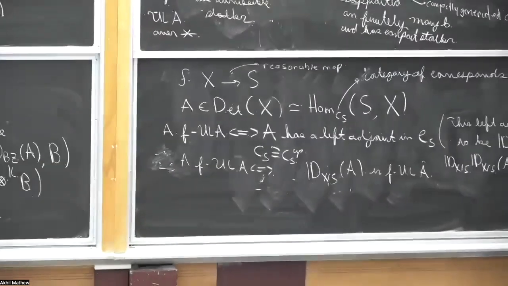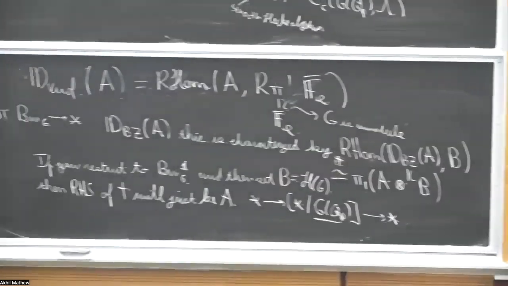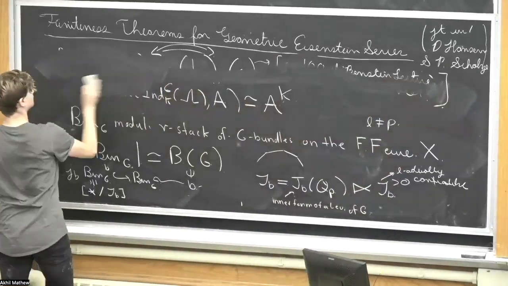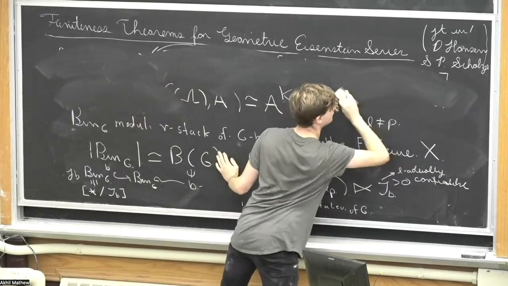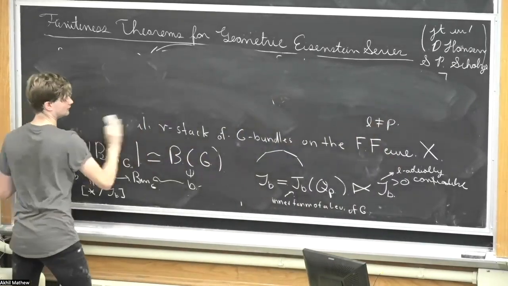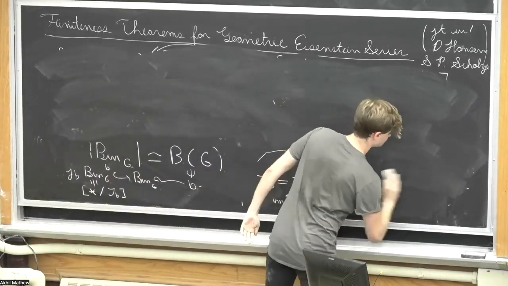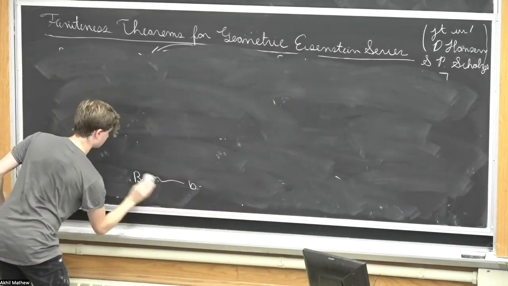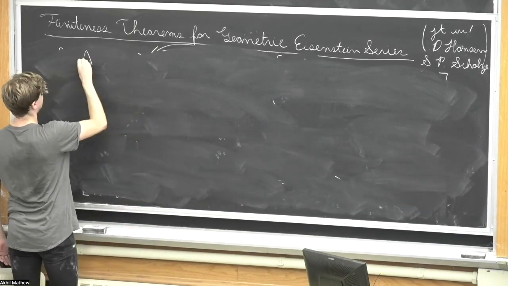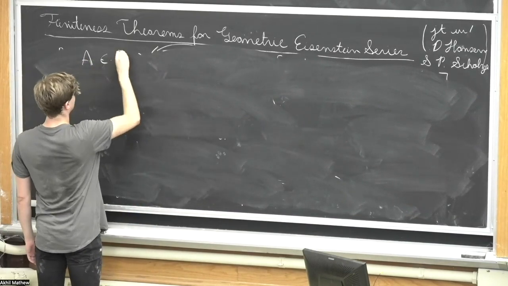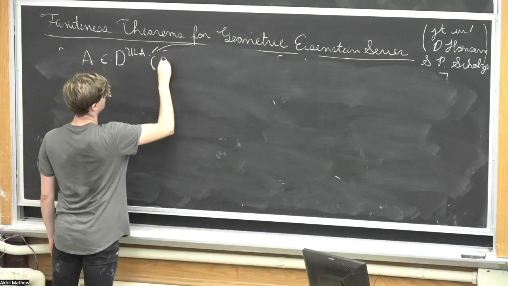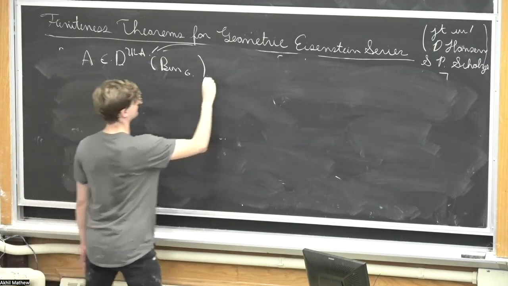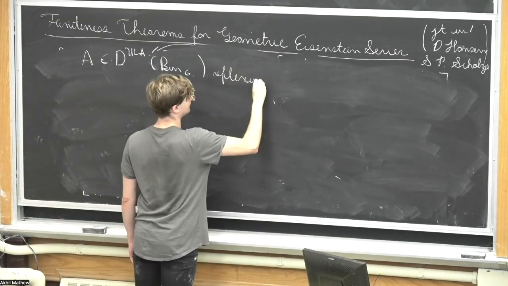So in particular, if you have some A that is ULA on G, then it will be reflexive with respect to Verdier duality.